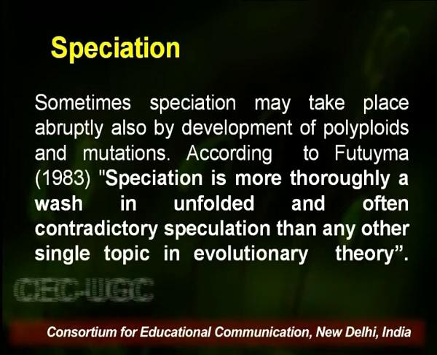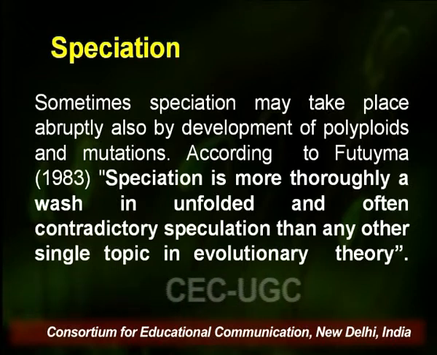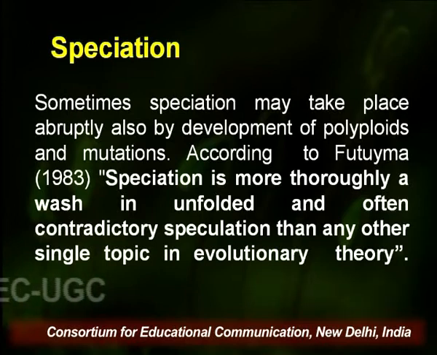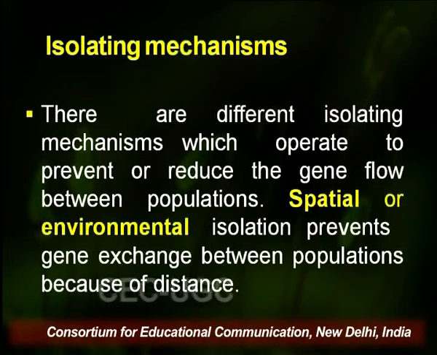According to Futuyma, speciation is more thoroughly awash in unfounded and often contradictory speculation than any other single topic in evolutionary theory. Now, there are different isolating mechanisms which operate to prevent or reduce the gene flow between the populations.